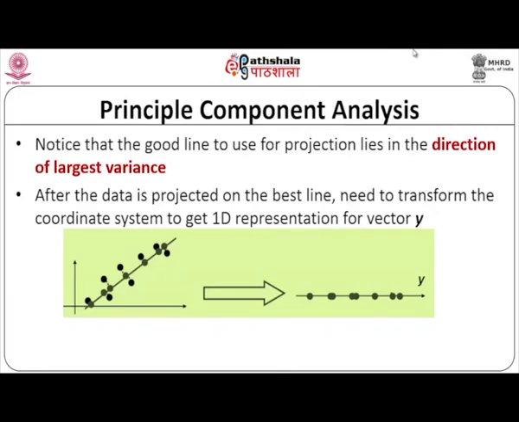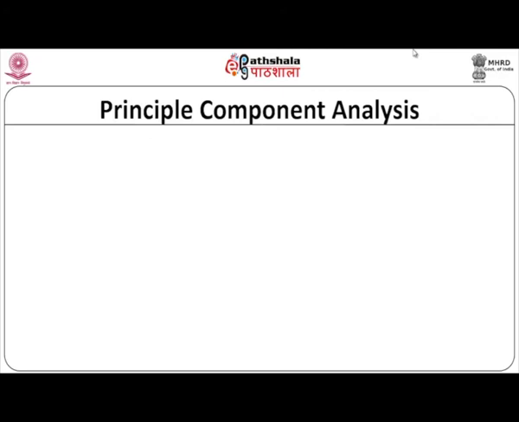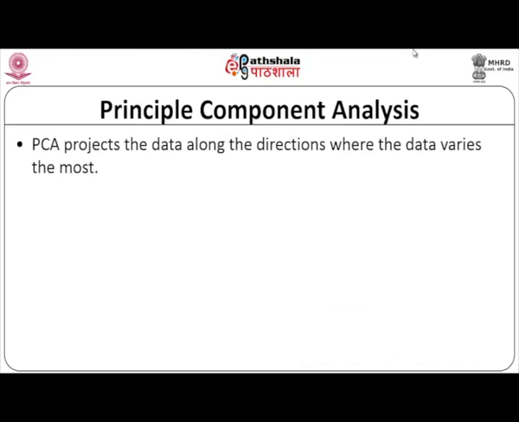Then after you get the line, which we took from the 2D example, you project to get y, and that is what you get here. Note that the new y has the same variance as the old data x in the direction of the green line. So, this is what we are trying to say as principal component analysis. It projects the data along the direction where the data varies the most.